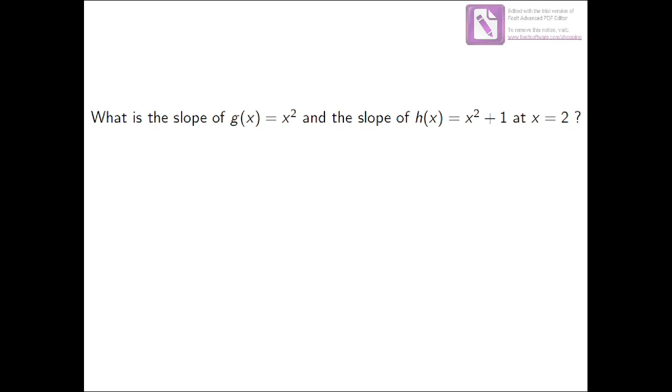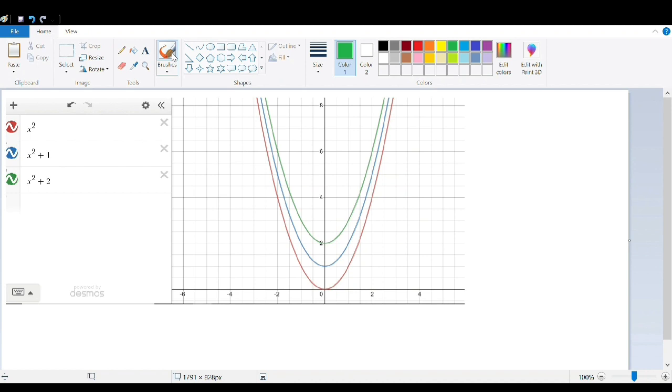Let us see in the following graph. Three functions. The red one is y is equal to x squared, and the blue one represents the function y is equal to x squared plus 1. The green one represents y is equal to x squared plus 2. And from the previous example we have seen that the derivative f prime of x of the function x squared plus 2 is given by 2x.